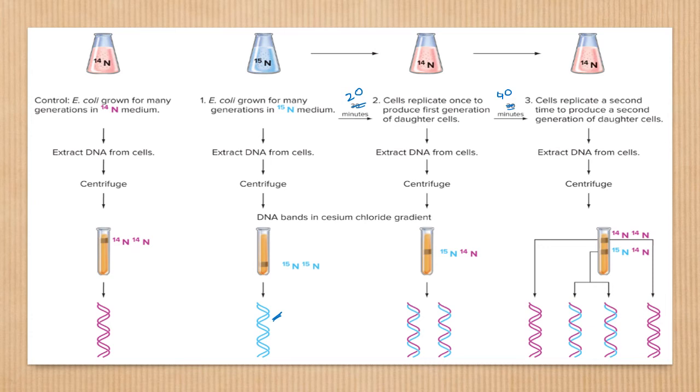N14 is red and N15 is blue. Then in the first generation, when N15 is cultured in the normal, light medium, it produces 100% hybrid DNA molecules. After 40 minutes, in the second generation, 50% are hybrid and 50% are normal light DNA molecules.